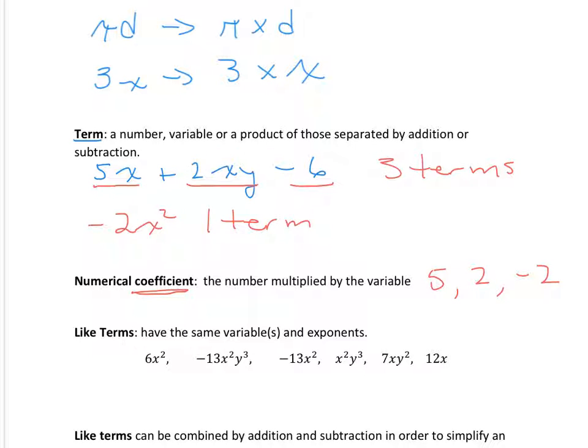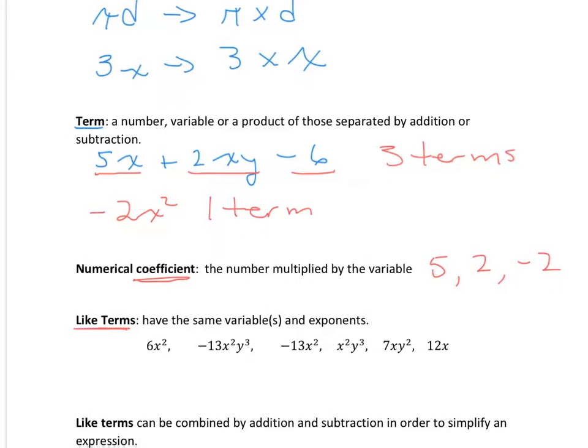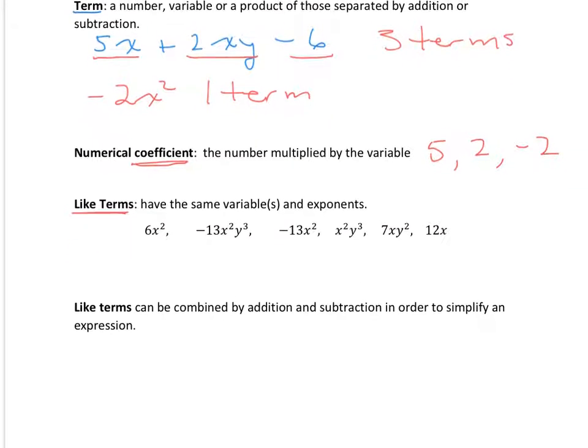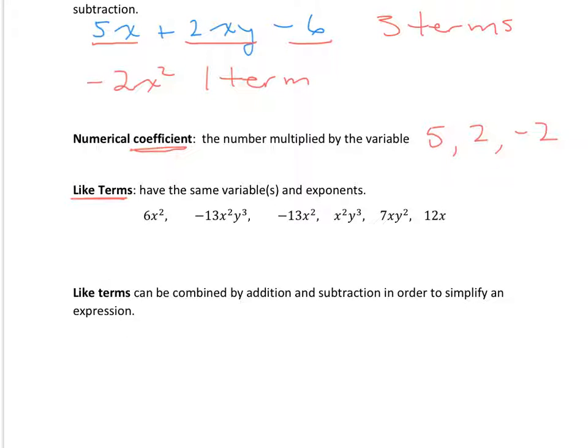Like terms are terms that have exactly the same variable and exponents. And if there's more than one variable involved, all of the variables and all of the exponents have to be the same. So let's take a look at the first example here, 6x squared. I'm going to circle it in blue. If you look at the other terms listed here, think about which ones would be like terms.